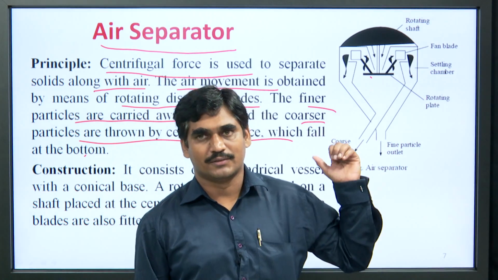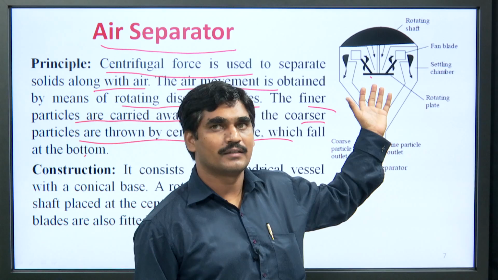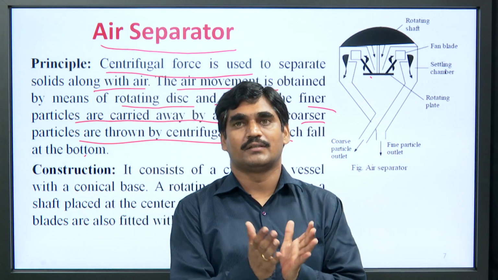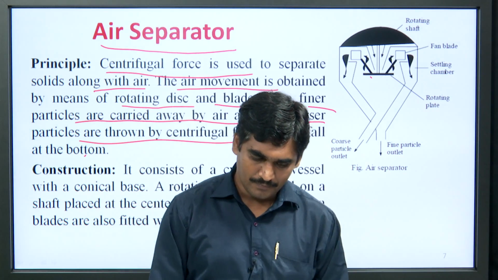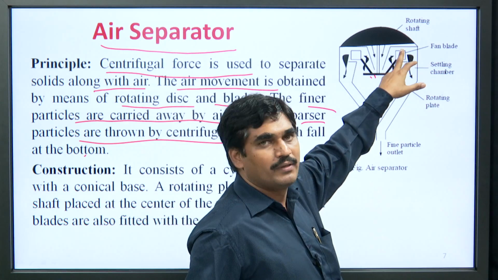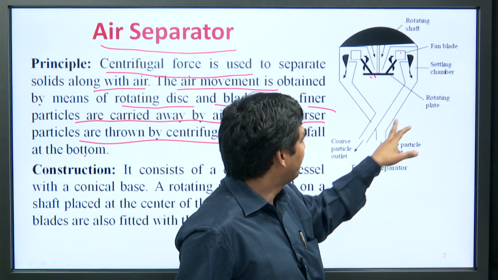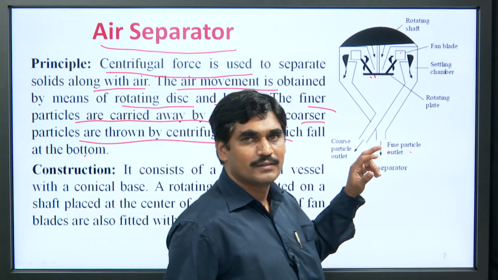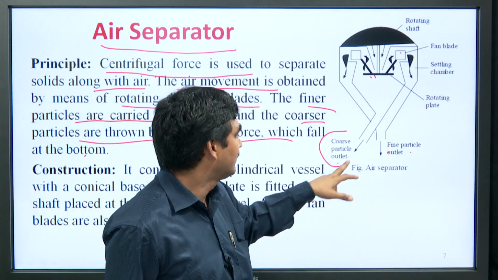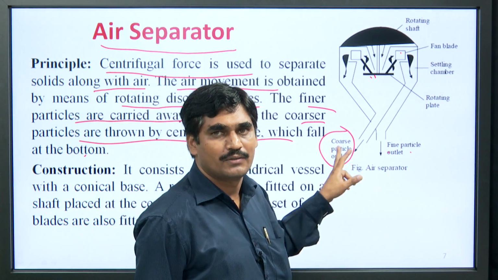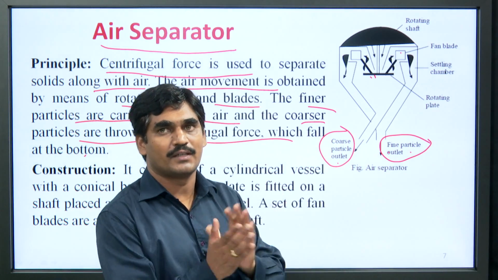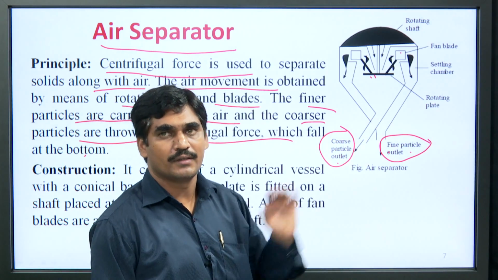Construction: as you are seeing in the diagram, it is a cylindrical vessel type apparatus with a conical base. A rotating plate is fitted, fan blades are there, and there is a separate outlet for fine particles and another outlet for coarser particles. So, for both types of particles there are two different outlets.